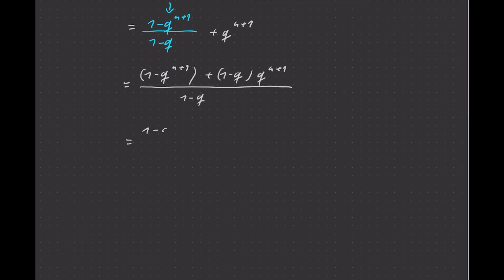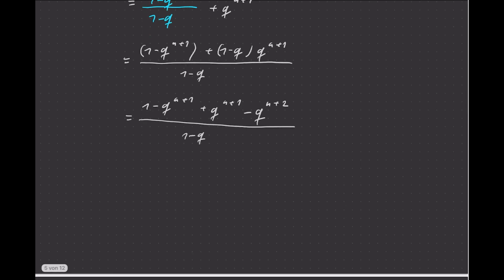Now if we expand that, we get 1 minus q to the n plus 1 plus q to the n plus 1 minus q times q to the n plus 1, that's q to the n plus 2, over 1 minus q. Now you can see that this term here and this term here cancel out.